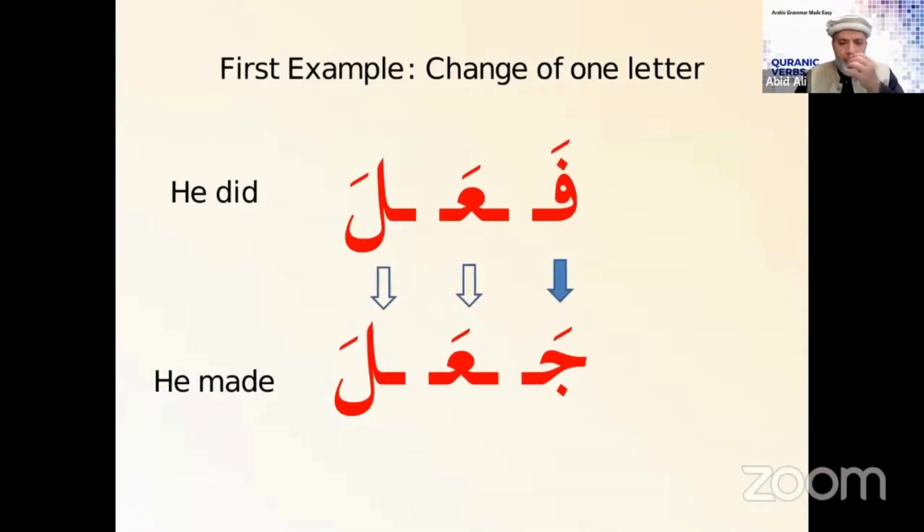So remember, in the Fi'l Madi we have root words, for example Fa, Ain, and Lam. And if somebody gives us Jim, Ain, and Lam instead of Fa, Ain, and Lam, our job is to substitute the Jim in the position of Fa, Ain in the position of Ain, Lam in the position of Lam. In this case only the Jim was different, but the translation changes from Fa'ala, he did, to Ja'ala, he made, because Ja'ala in Arabic is for making something.